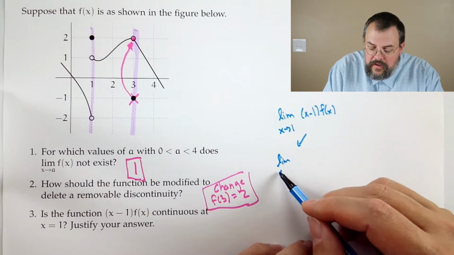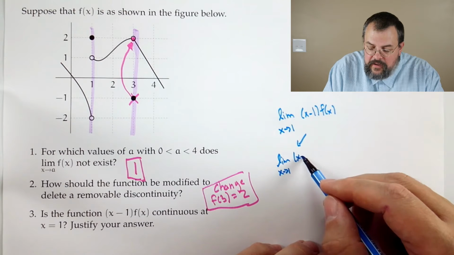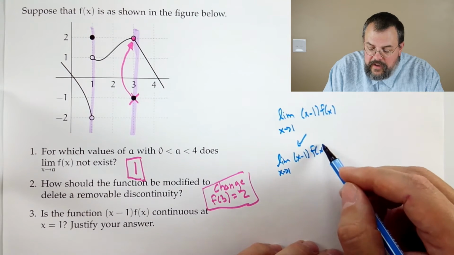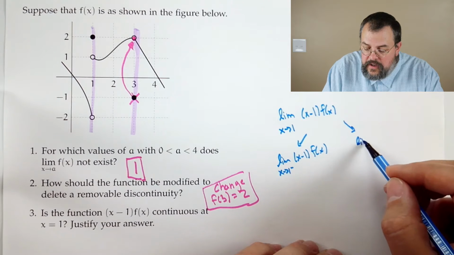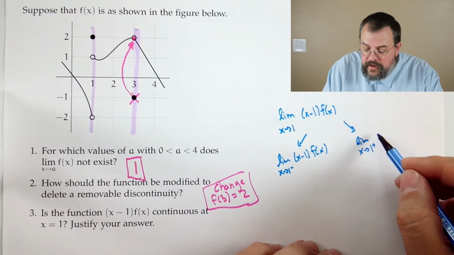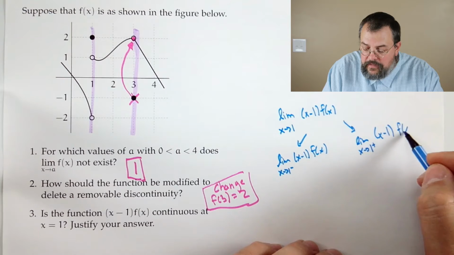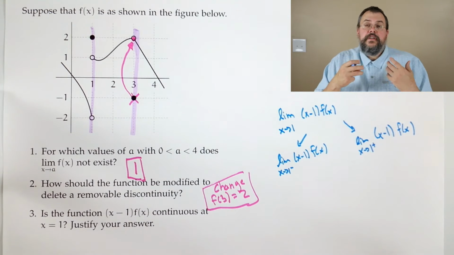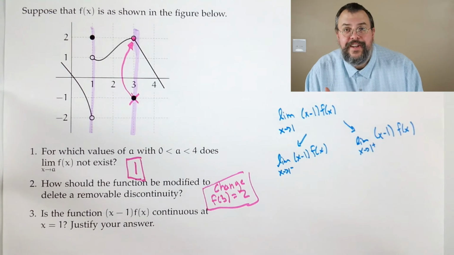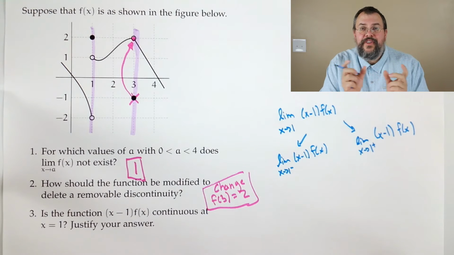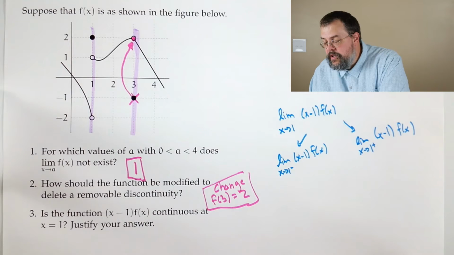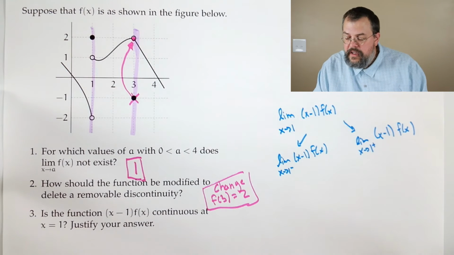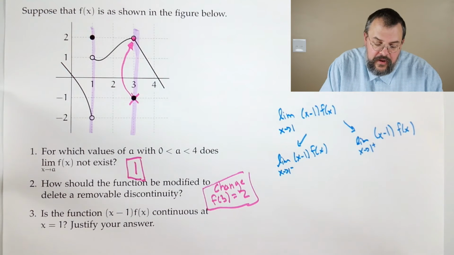The limit as x approaches 1 from below of x minus 1 times f of x, and the limit as x approaches 1 from above of x minus 1 times f of x. So in other words, if we're trying to understand what's happening, let's look from both sides and see what happens. The nice thing is, as we look from both sides, it's a little easier to see what's going on.